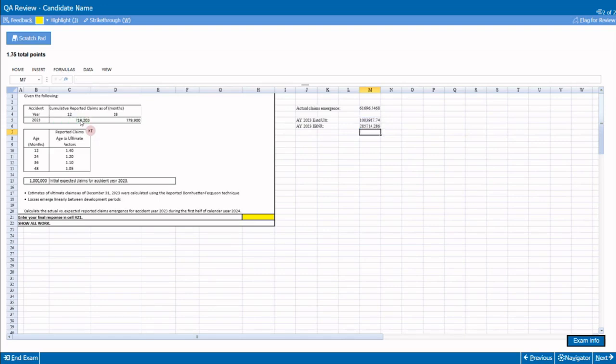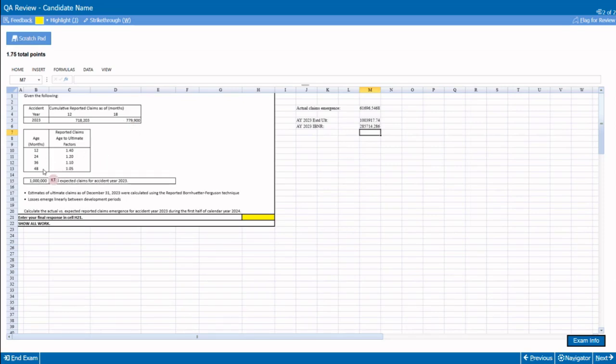So that gives us an IBNR of about 285,000. Now I need the percentage reported that's between the 12 and 18 months.